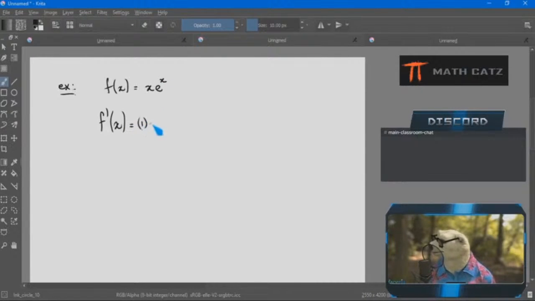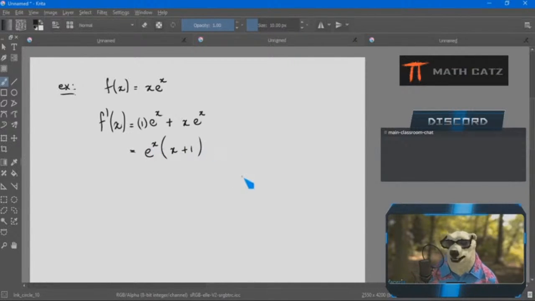Derivative of the first times the second plus the first times the derivative of the second. Now I want to clean this up. I want to know, moving forward, what is the best version I can get? Well, I'm going to take an e to the x out, and I'll have an x plus 1 or a 1 plus x left. That's the best I can make it look. I have a positive exponent there, so it stays above the line.